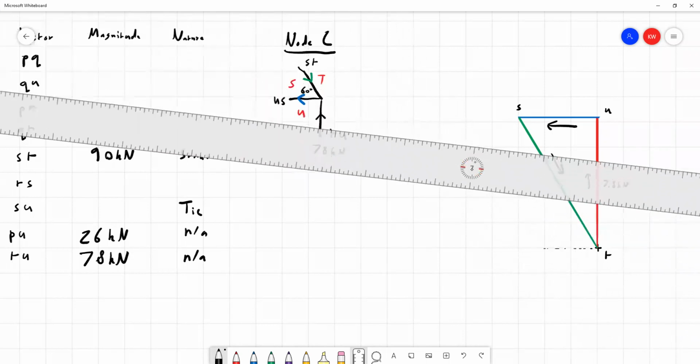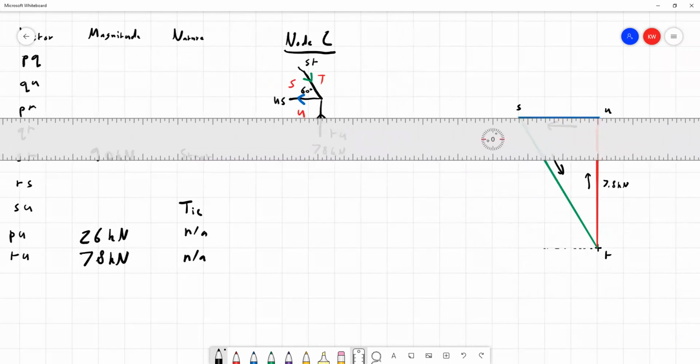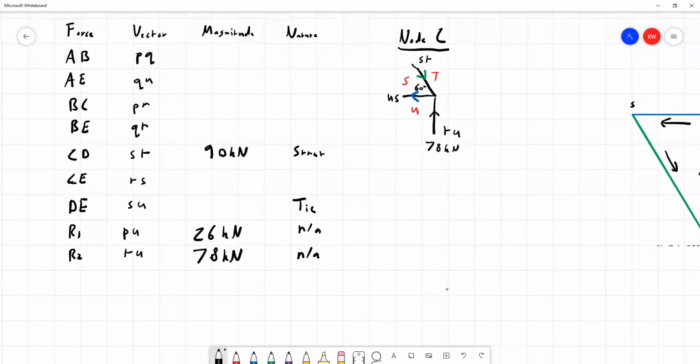I'll just measure that just now. I think mine just about manages to come in at 4.5. Maybe my line's a little bit short, but 4.5 centimeters, meaning that in our scale of 1 centimeter to 10 kilonewtons, the magnitude of the internal force in member DE is 45 kilonewtons. So we can include that in our table.